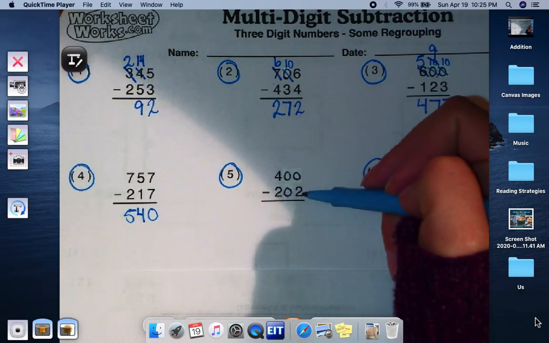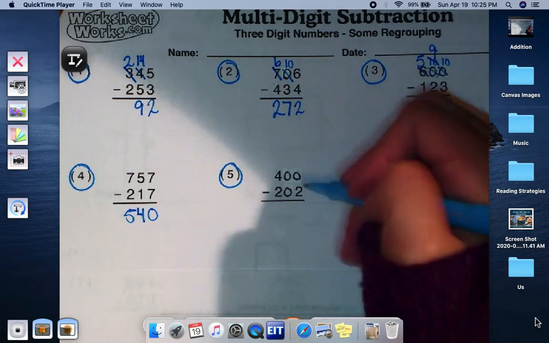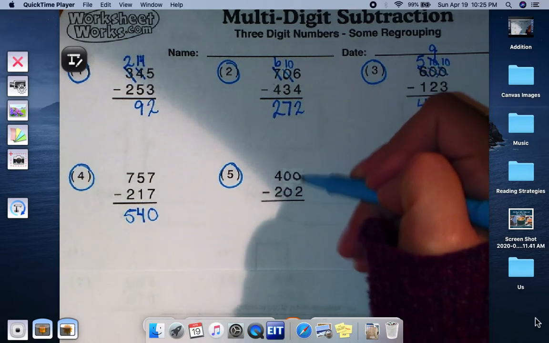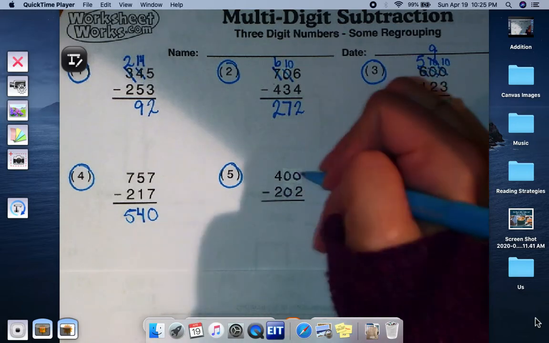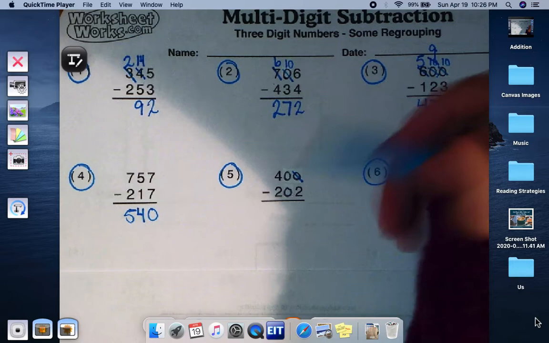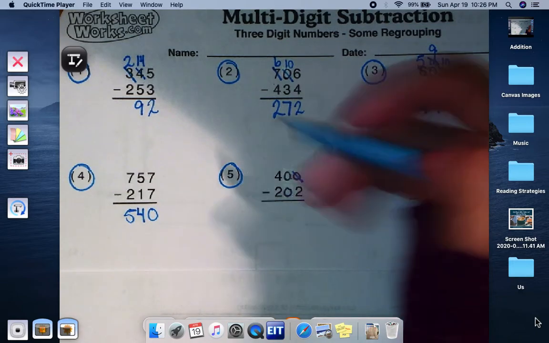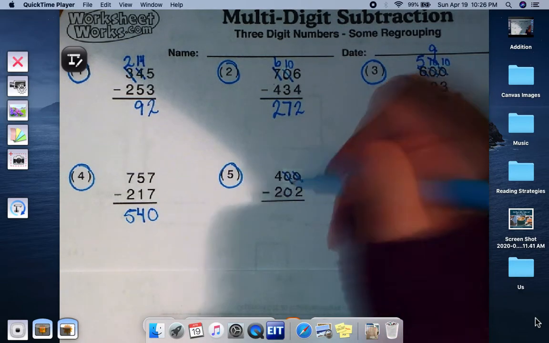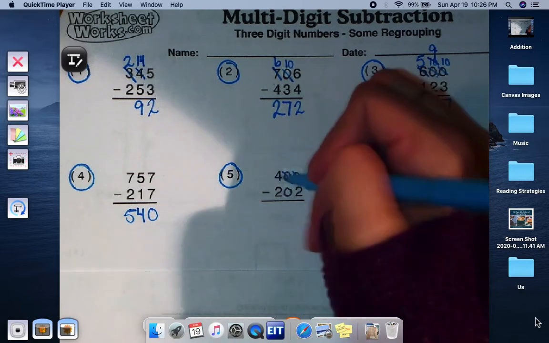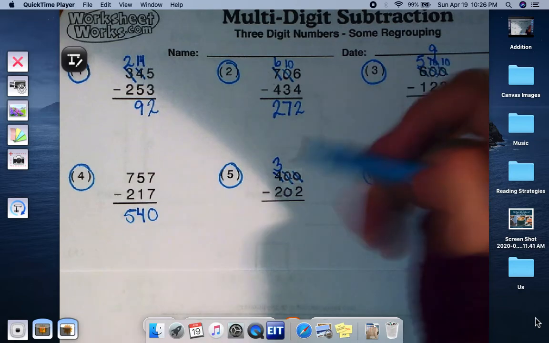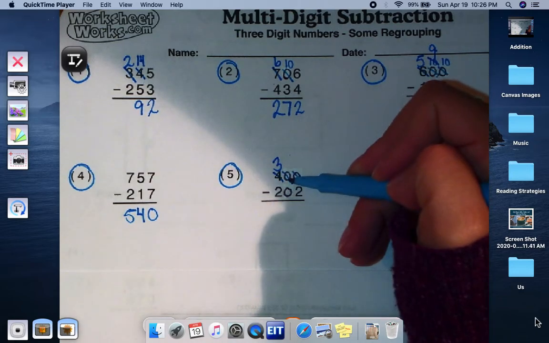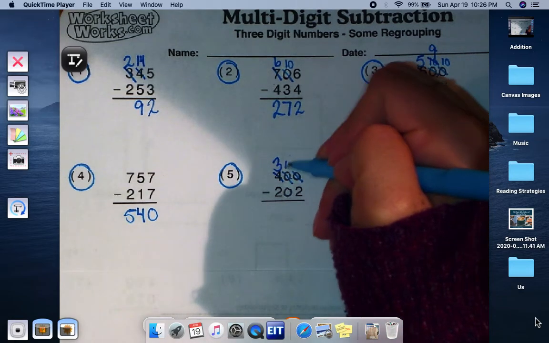Let's try 400 minus 202. Starting in my ones place, 0 minus 2. I can't take 2 from nothing, so I have to borrow. But when I go next door, there's nothing to borrow from. So I have to go down the street. This 4 is going to become a 3. When it gets brought over to the tens column, this 0 becomes a 10.